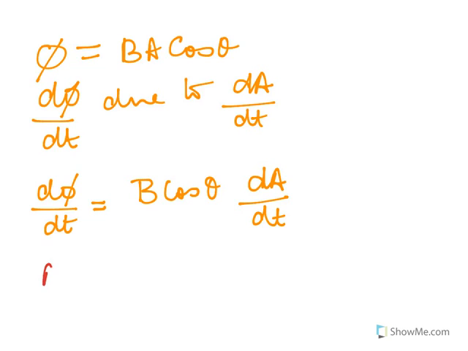Now this A is the area vector. Let's see what happens if the area that is enclosing the flux is a regular rectangle and one of the arms is a movable arm, like you can move this arm of the rectangle.